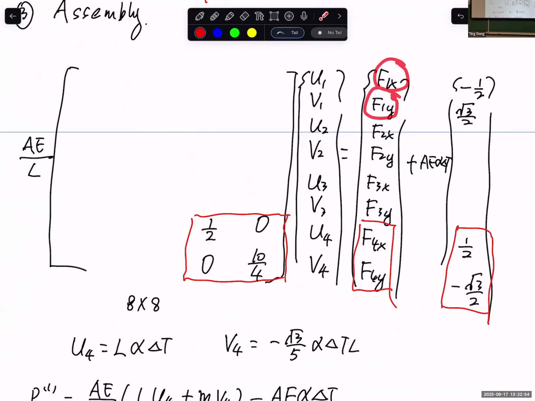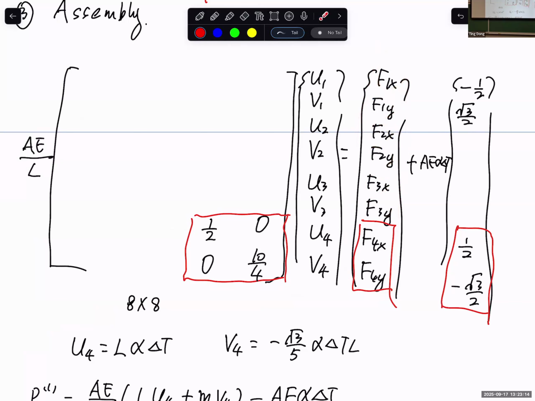R1x, R1y, R2x, R2y, R3x, R3y. Make sense? Because by definition, this column should be the external applied force at node 1 in x direction, node 1 in y direction, 2x, 2y, everything, right?